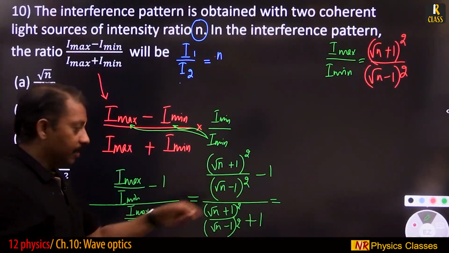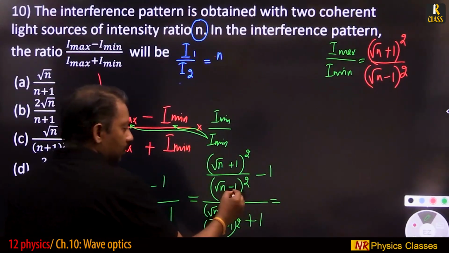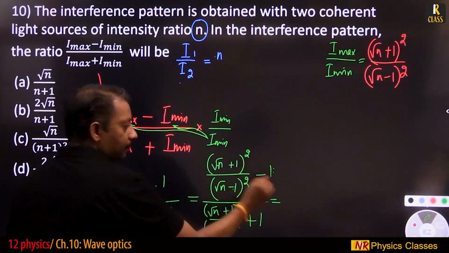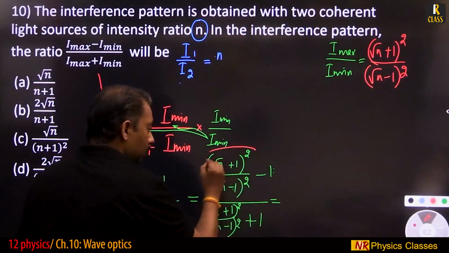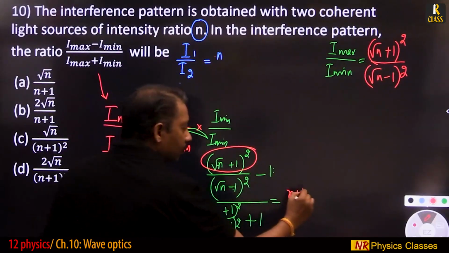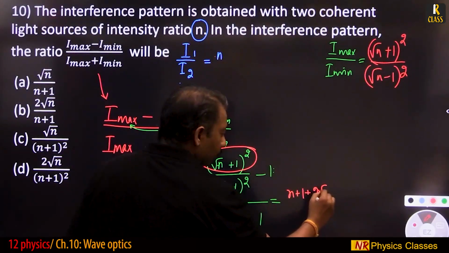Now we have to simplify this. This goes here, this goes here, this becomes n plus 1 plus 2 root n.